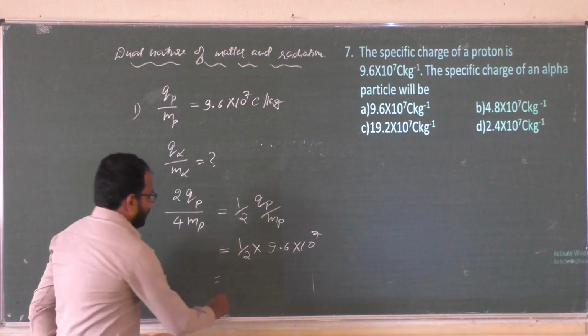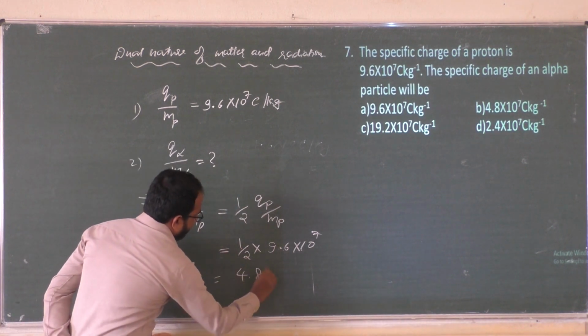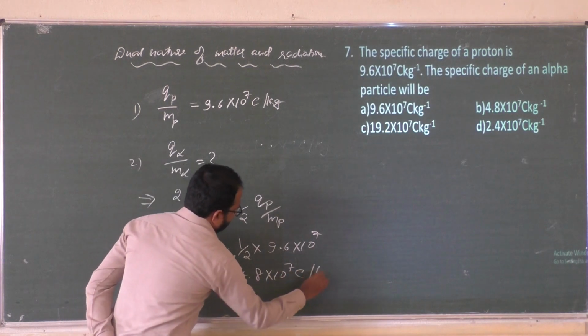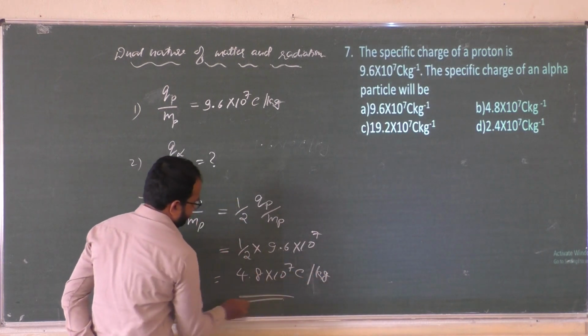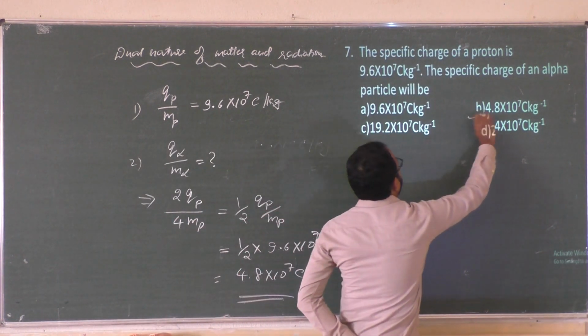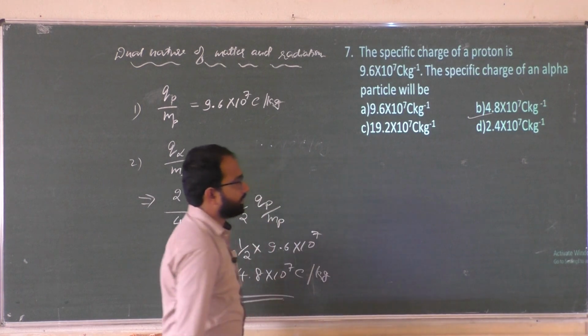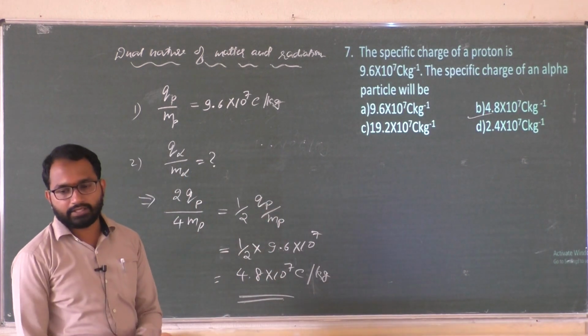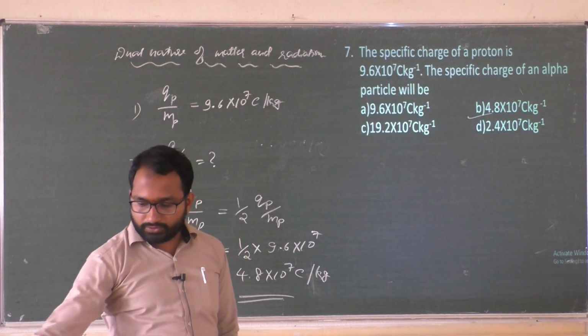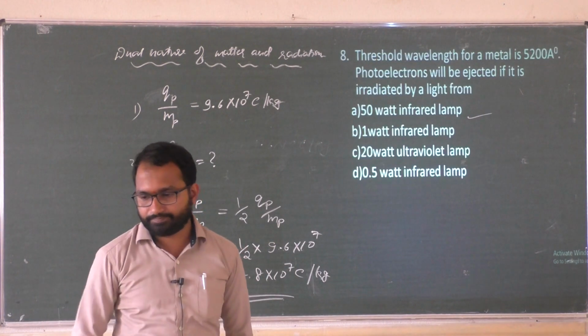So this is equal to 4.8 into 10 to the power of 7 coulomb per kg. The correct option is option B, 4.8 into 10 to the power of 7 coulomb per kg. Okay, we move on to the next question.